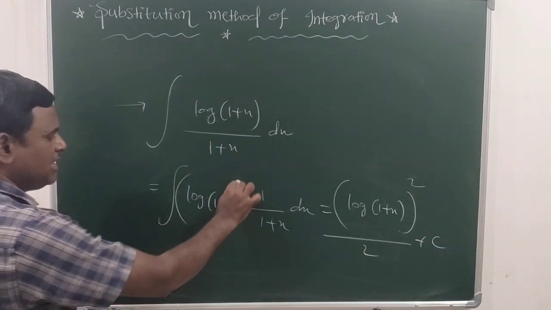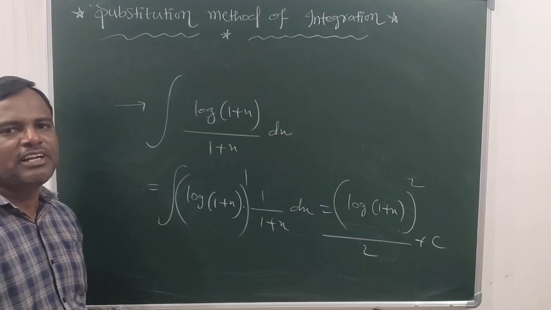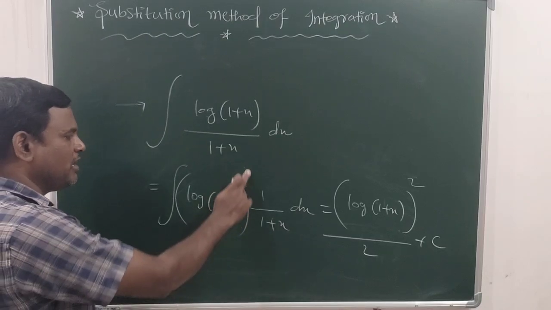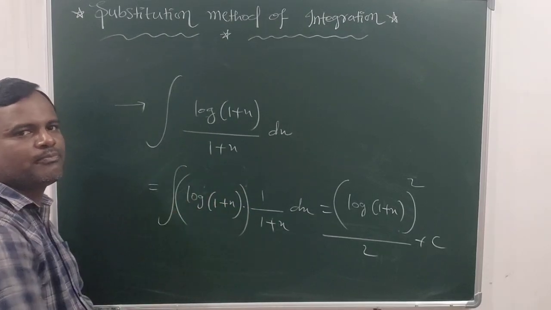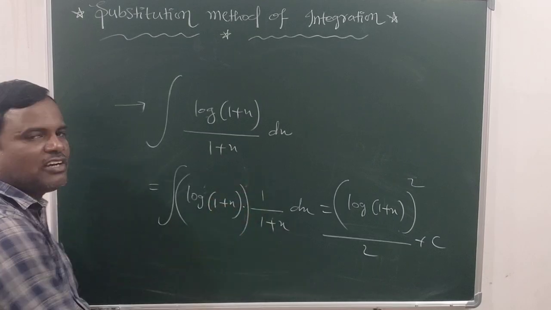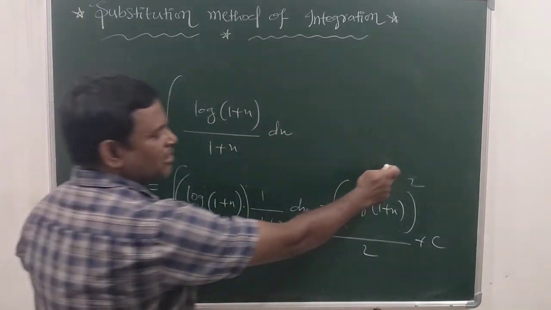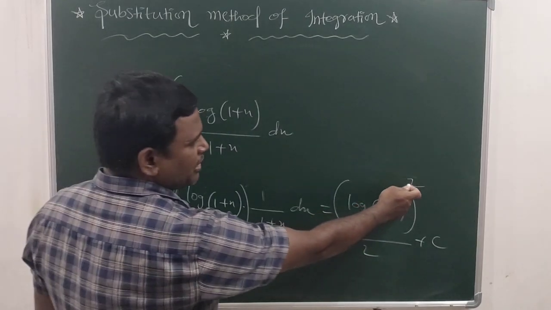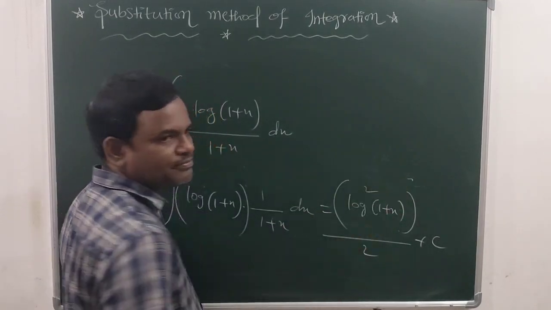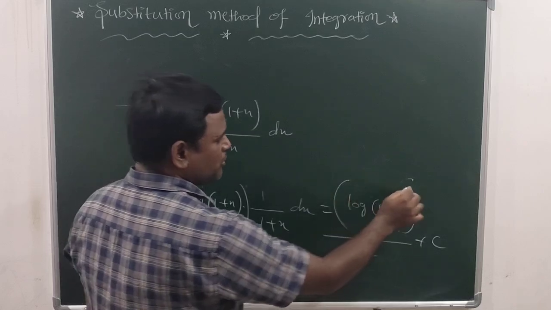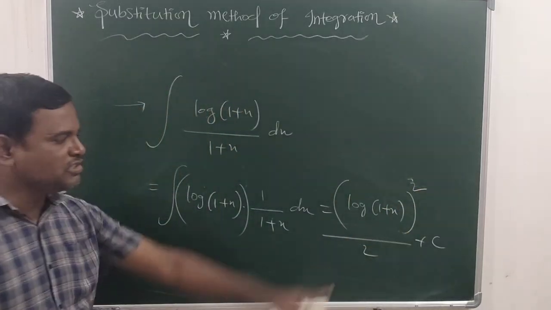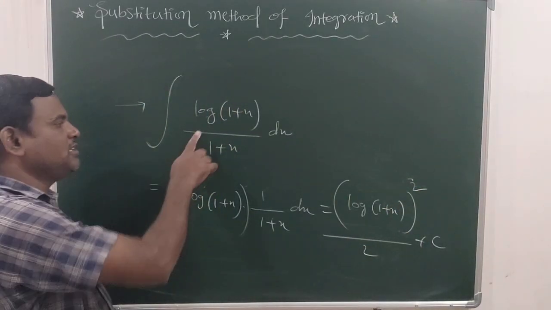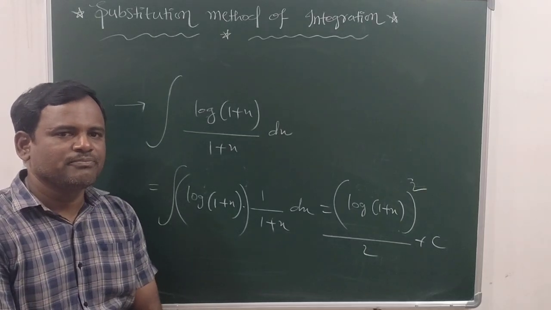Here nothing is given, meaning whole power 1 is there. In the place of n, 1 is there, hence 1 plus 1 by 1 plus 1. This square you can write either here or here. You know, students, so this is your required integral for this given function.